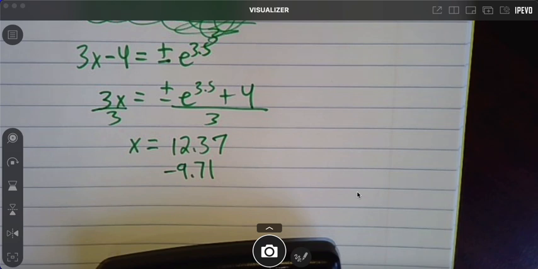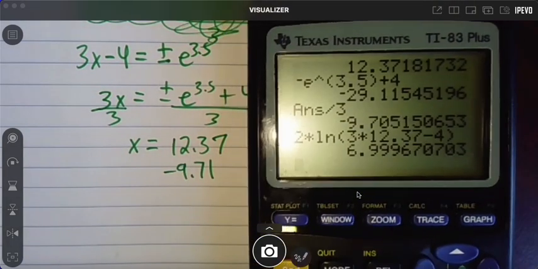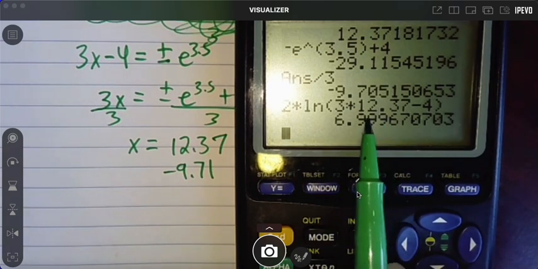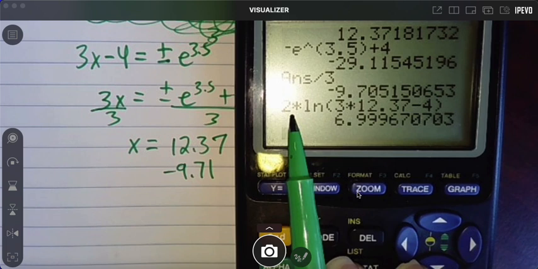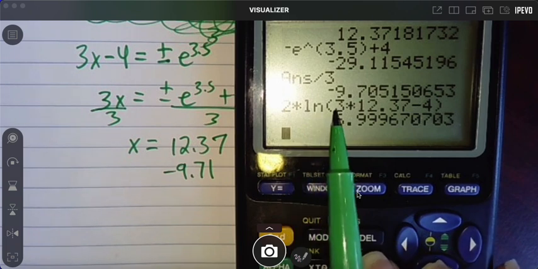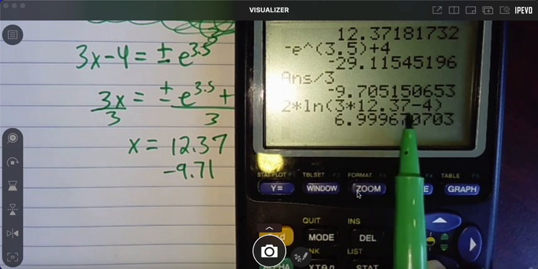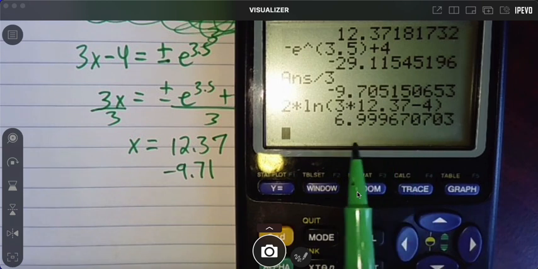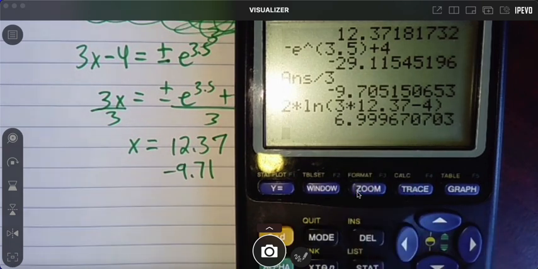So that you can see it. Look, if I plugged in my 12.37, does everybody see that right here? That's 2 times the natural log of 3 times the number I got minus 4. If I plugged it in, what answer do I get? 7. What answer do they have on that equation? 7.